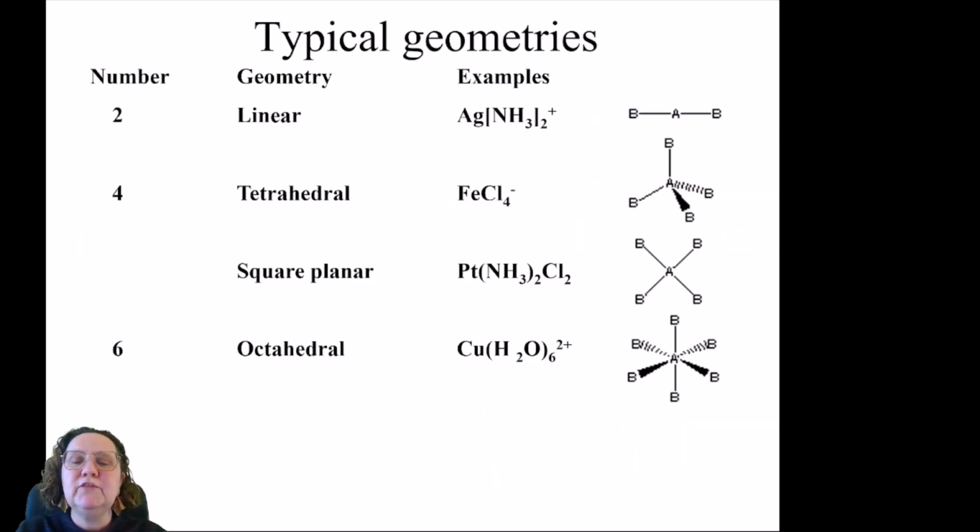For example, if you have two donor atoms attached to the central metal ion, they tend to position themselves as far away as possible.